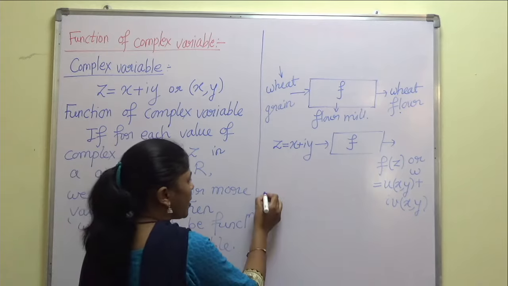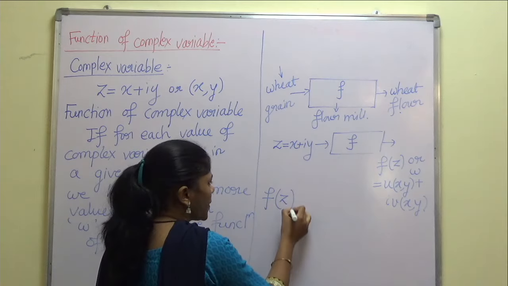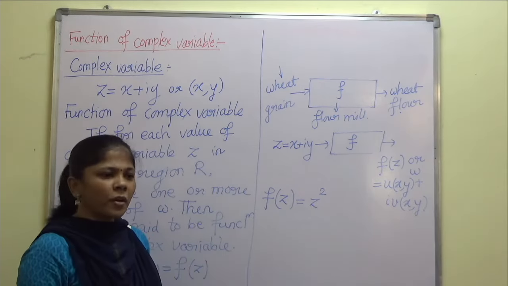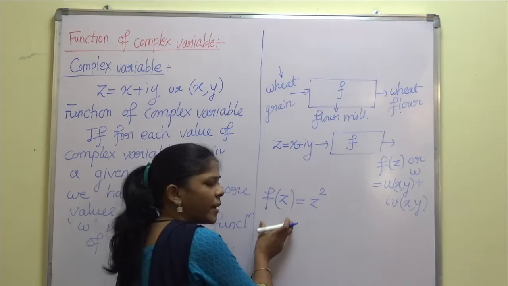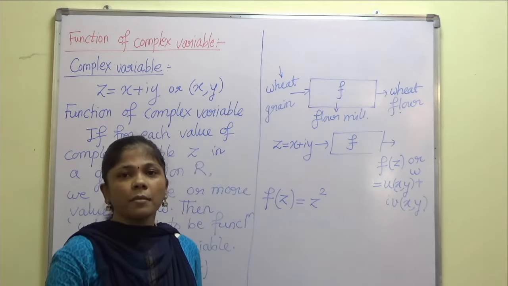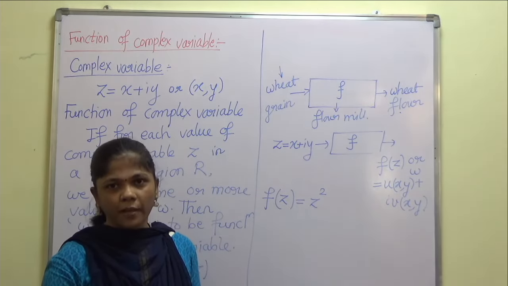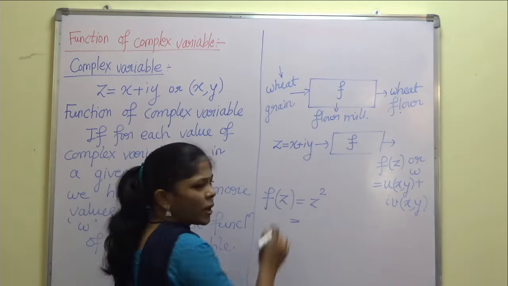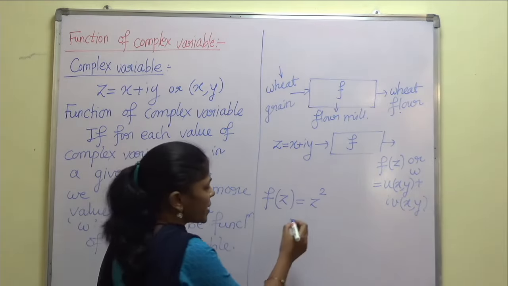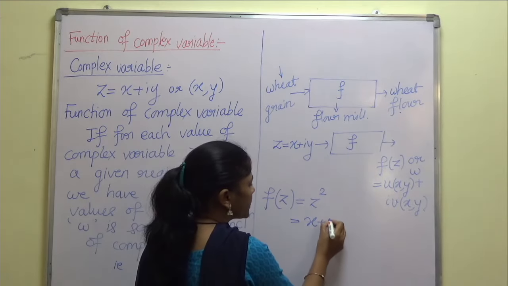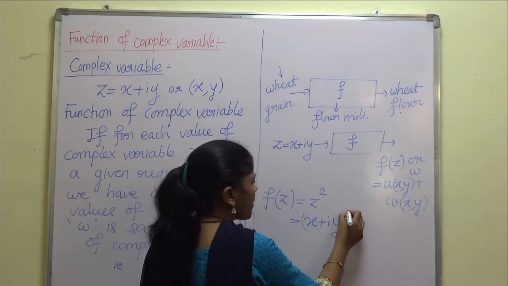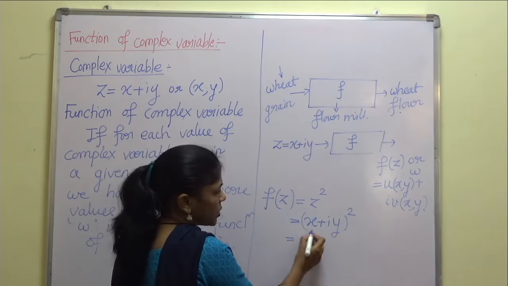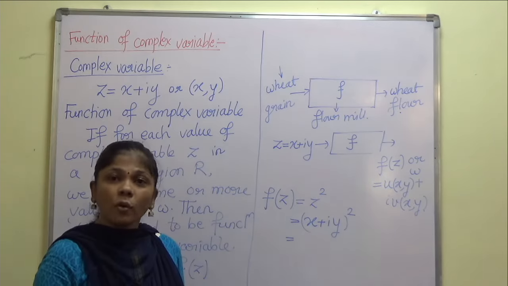Let us say I have the function f of z equal to z square. What we wish to show is that its real and imaginary parts are functions of x and y. As I know that z is x plus iy, let us put z as x plus iy. So it is (x plus iy) whole square. Now expand this by using the formula (a plus b) whole square.